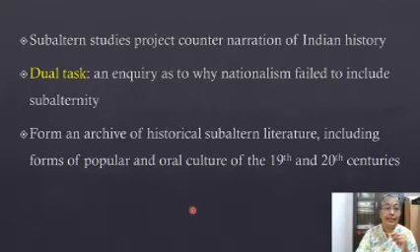The second task before them is to form an archive of subalternity, an archive of historical subaltern literature, including forms of popular and oral culture of the 19th and 20th centuries, which again comes to the forefront when we think of education, whether they were educated or not.